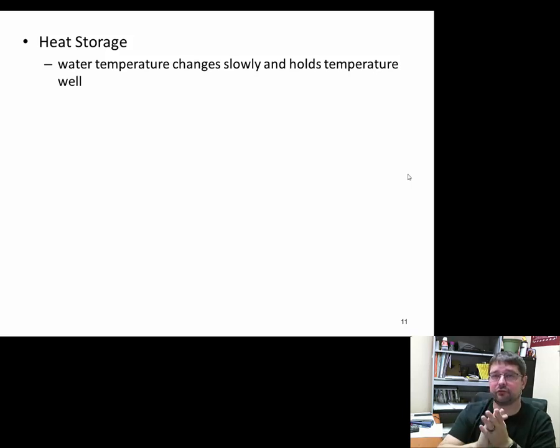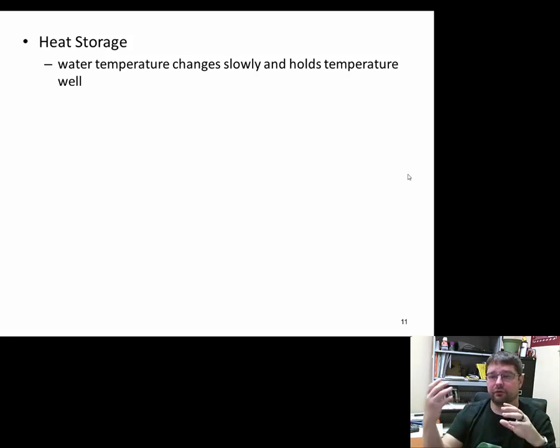So the heat storage property of water is the ability for it to change slowly and hold temperatures well. Because of this, it really allows for Earth to maintain fairly stable temperatures. We see much larger fluctuations of temperatures when we look at other planets that don't have water.